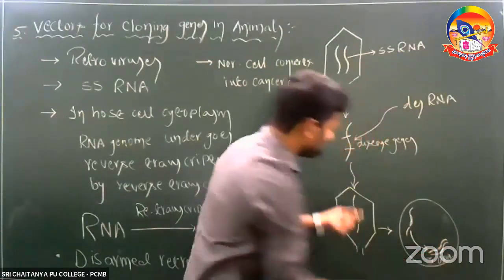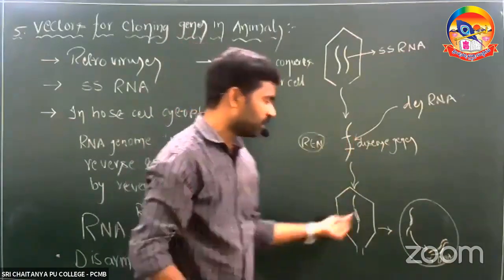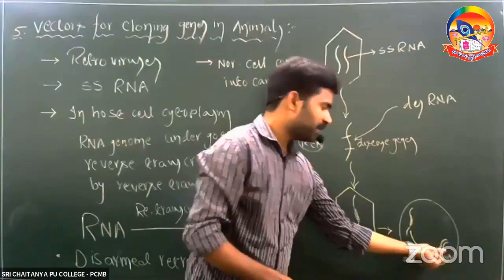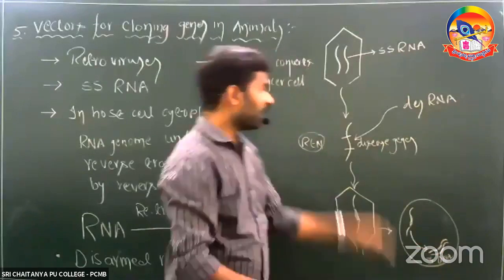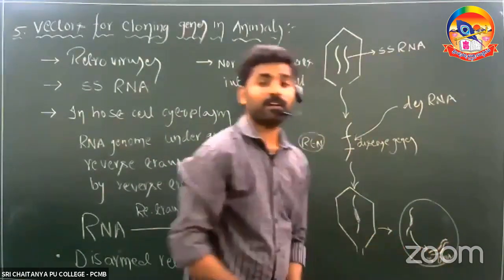But that double-stranded DNA has desirable DNA segments. Why? Because we inserted the desirable RNA molecule. That desirable RNA molecule also undergoes reverse transcription and forms a desirable DNA segment. So along with the virus particle genetic material, the desirable DNA segment is also present.